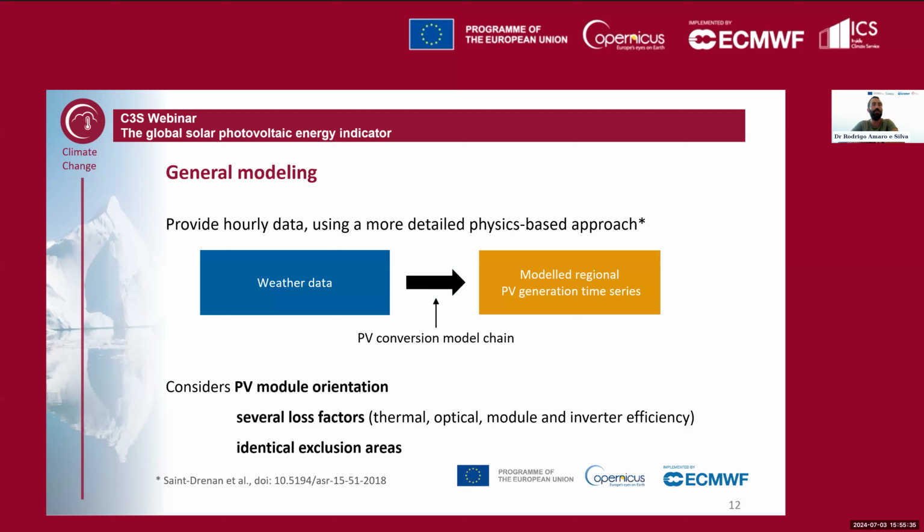It considers in more detail factors such as the PV module orientation, so how tilted it is and where the PV module is facing, but also loss factors such as thermal losses, optical losses, and also module and inverter efficiency. It's a bit repetitive, but it's important to be clear and state that the same exclusion areas will be considered at this stage.